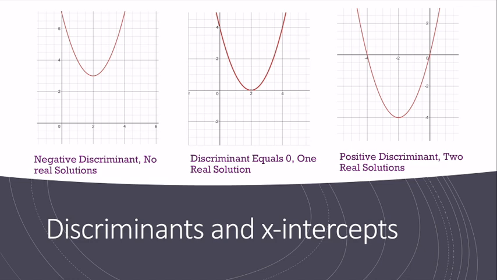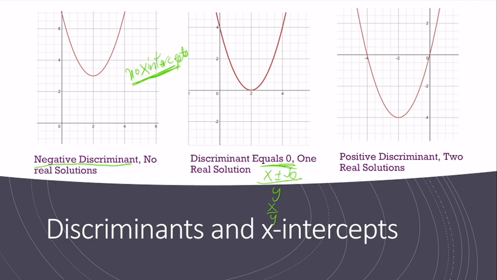And because we're solving these, we're setting them equal to 0, we're finding the x-intercepts. If I have a negative discriminant, then I've got no real solutions, meaning I have no x-intercepts. This is what happened in the very last example we just did. If my discriminant is 0, there's only one real solution, because I would have some number plus or minus the square root of 0 over another number.